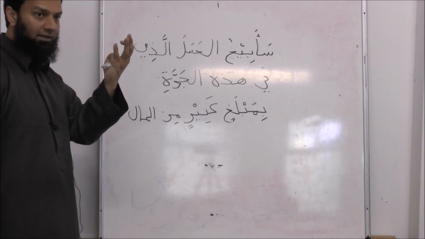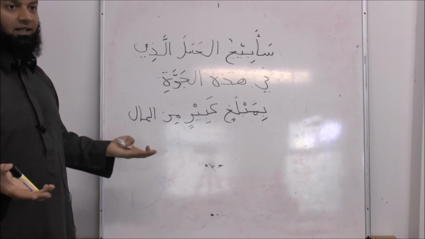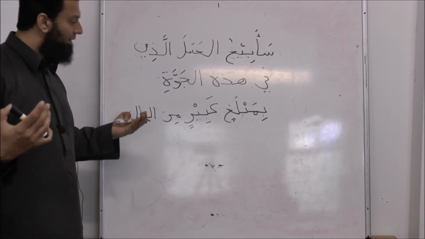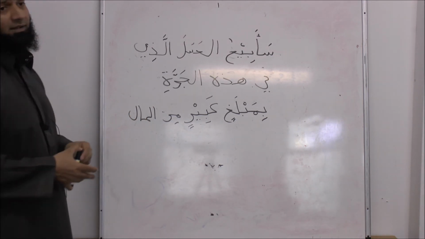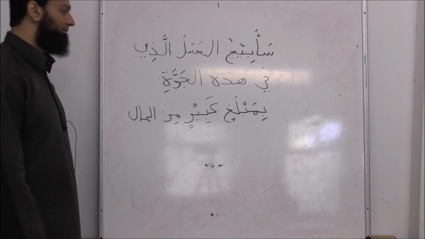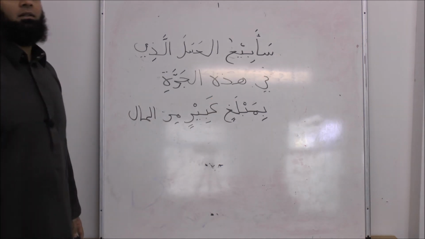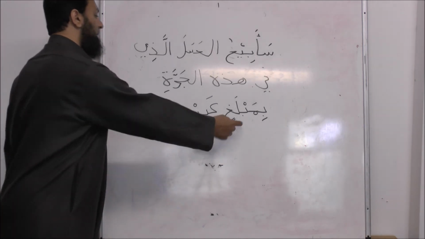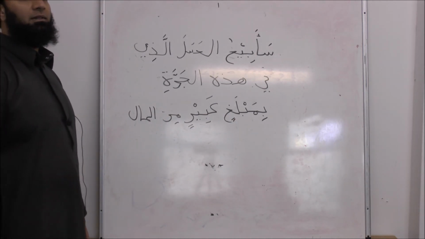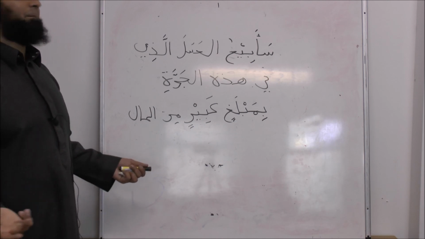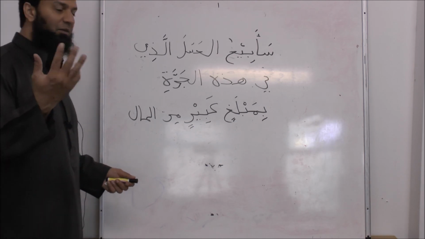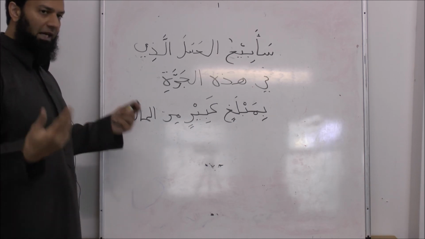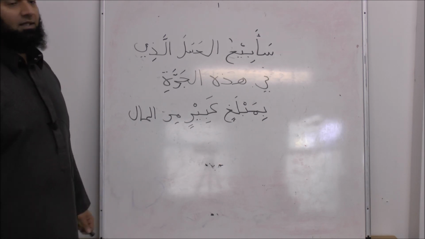Those 4 things: gender, number, state, definiteness or indefiniteness. What's that rule called? The sifatun has to match the ism. That's what it's called. No, it's just those 4 things. Right? It has to match.